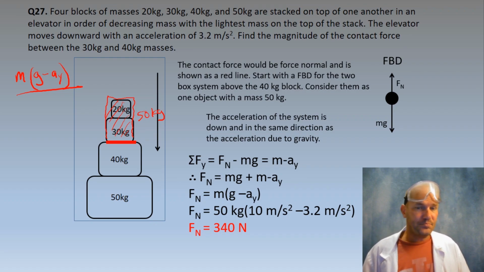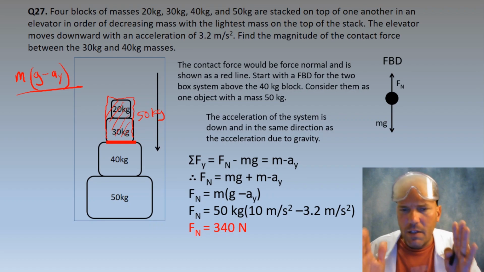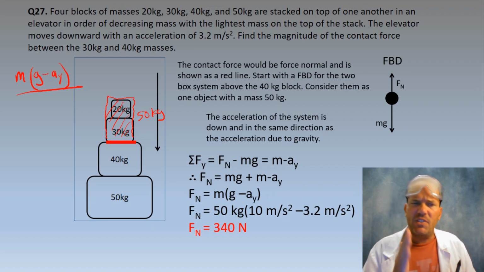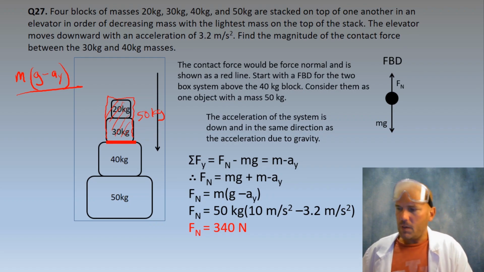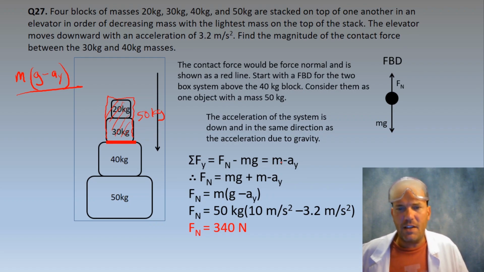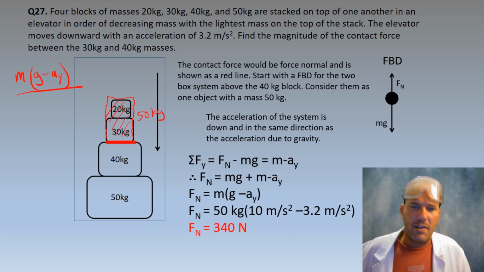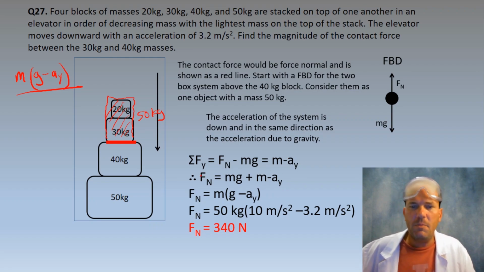In this case, that would be calling down positive and up negative. But you've heard me say in class, either way works. So in this case, I'm sticking with the convention, up is positive, down is negative, which means I need to carry this signage here and have a negative acceleration for the system.